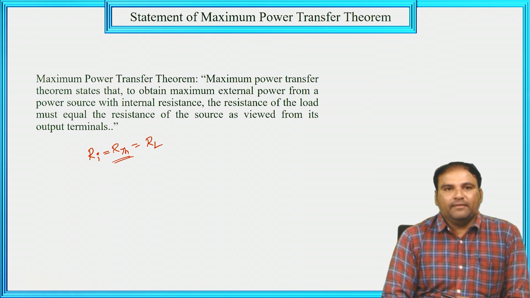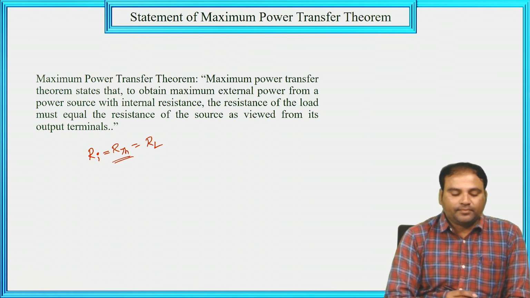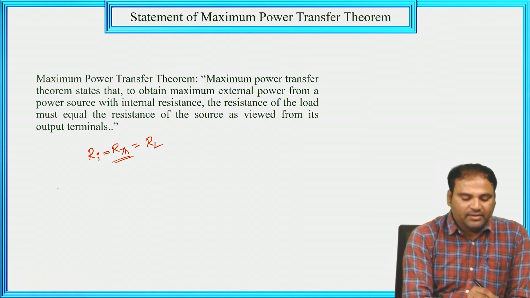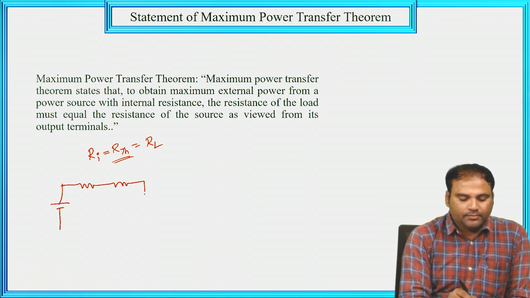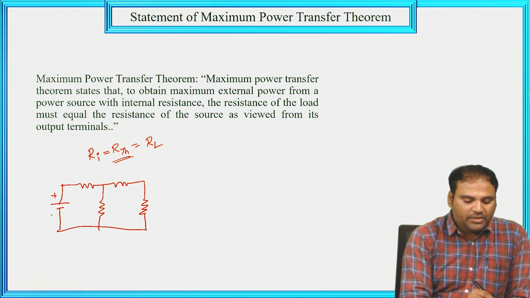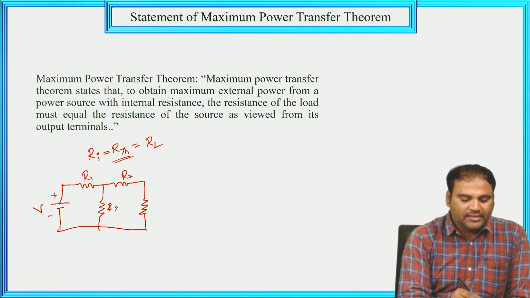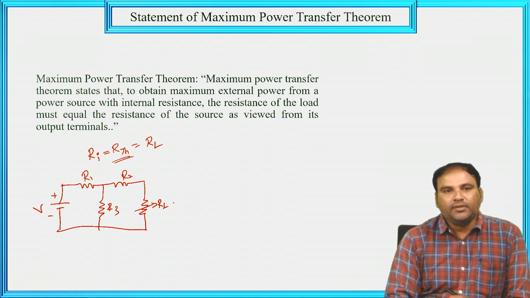Here, for example, I am taking one circuit. It has a voltage source V, resistors R1, R2, and R3, and the load RL.